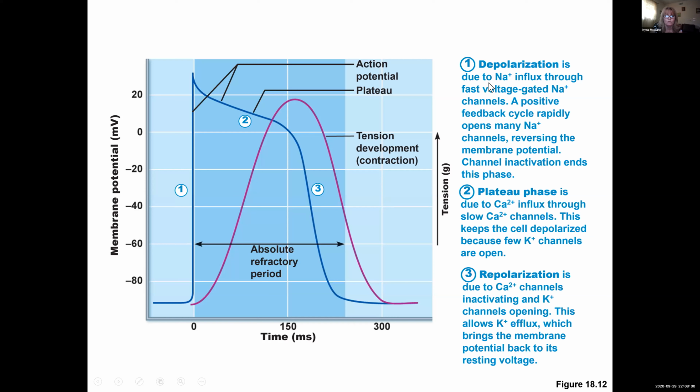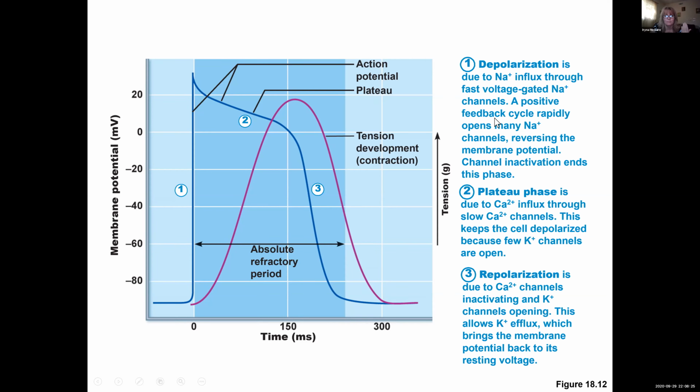Depolarization is due to sodium influx. So sodium in, and because sodium is positively charged, we become less negative inside, right? And it's a very fast influx because voltage-gated sodium channels have a positive feedback cycle.